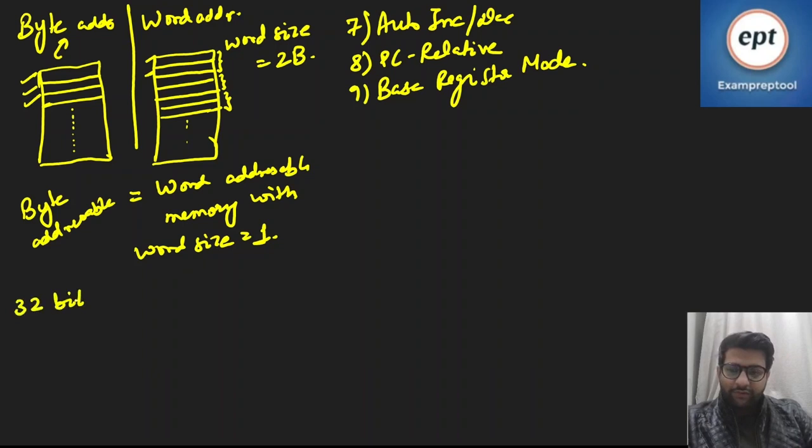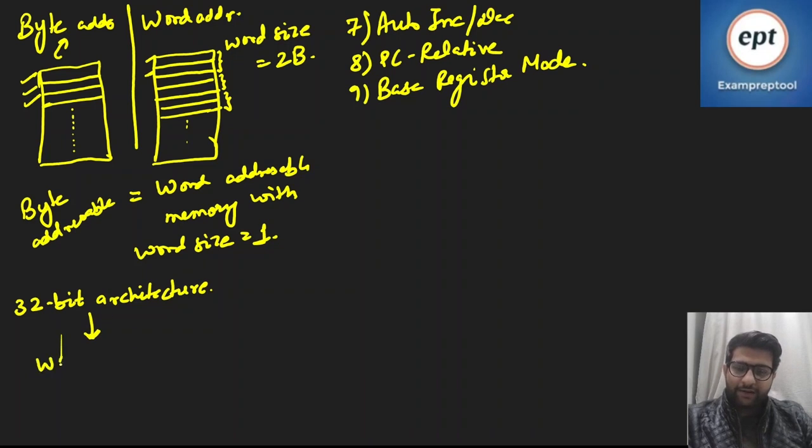So what is the 32-bit architecture first of all? If it is given that there is a 32-bit architecture, this means that the word size is 32 bits, right?